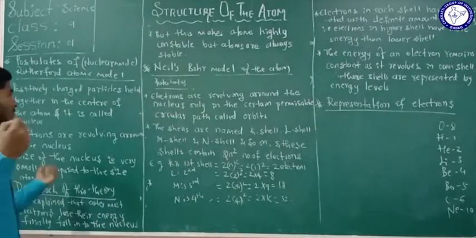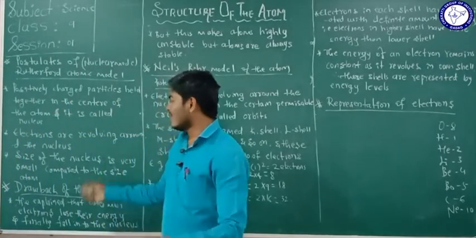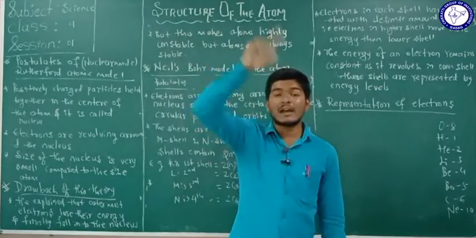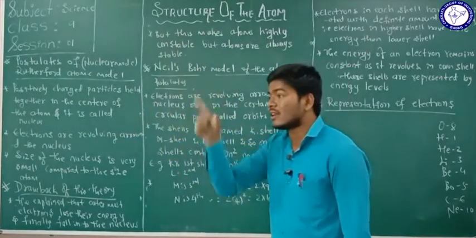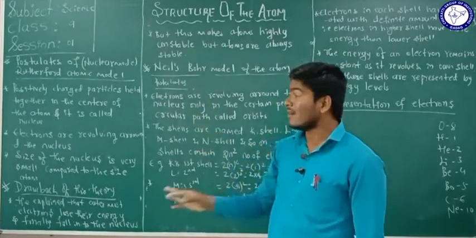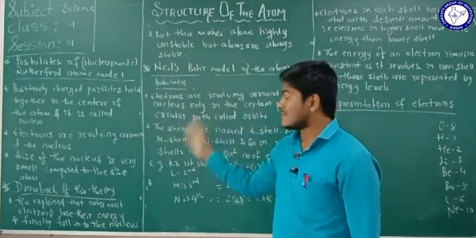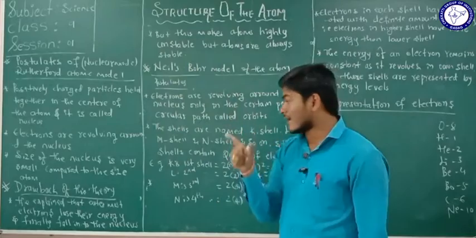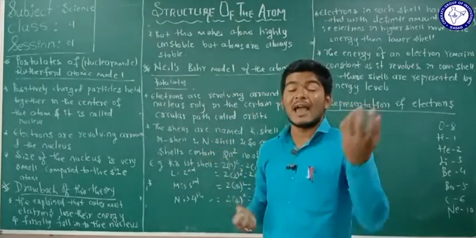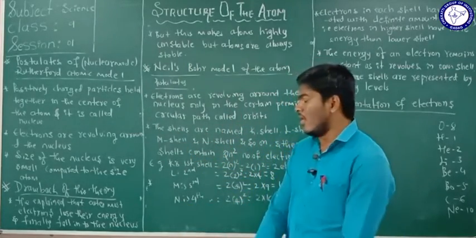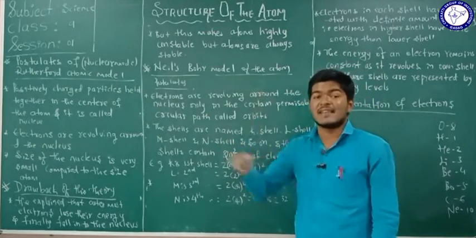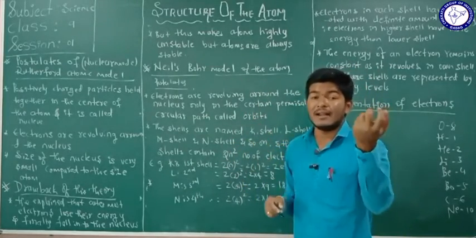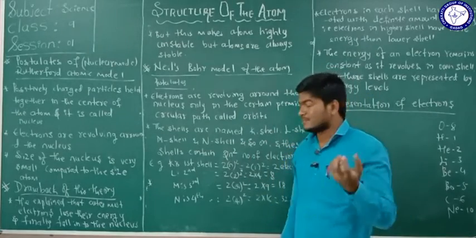See what he says here. He says that the electrons are revolving around the nucleus, and that the outermost electrons lose their energy as they are moving continuously, and they fall into the nucleus.